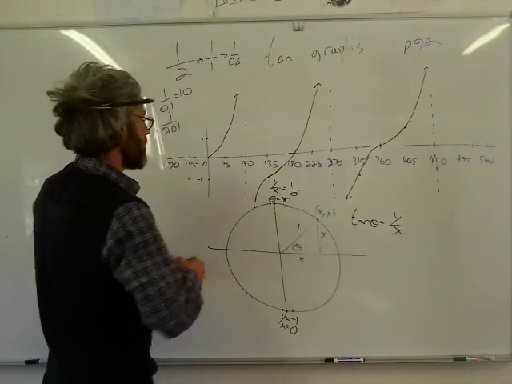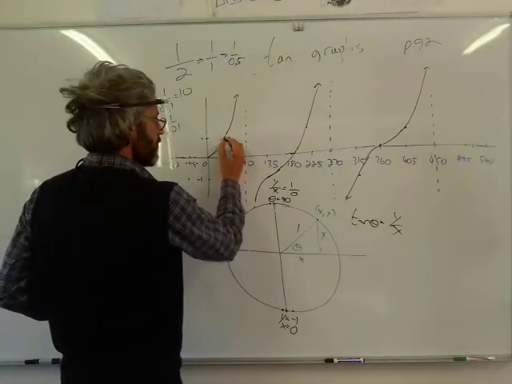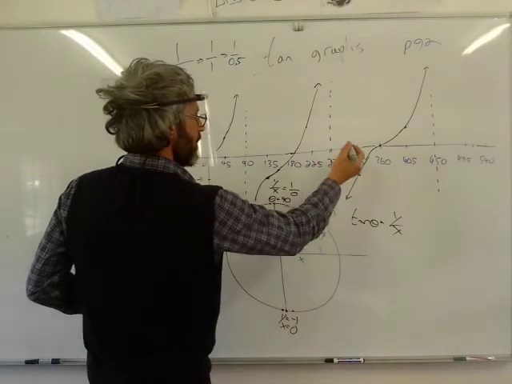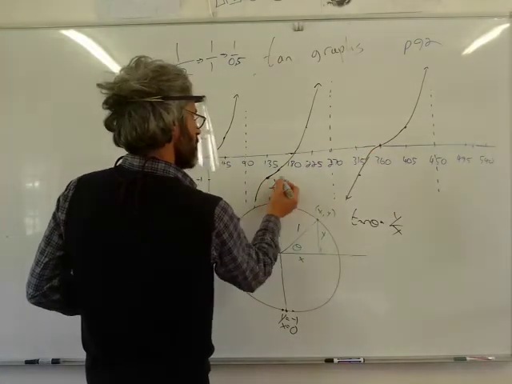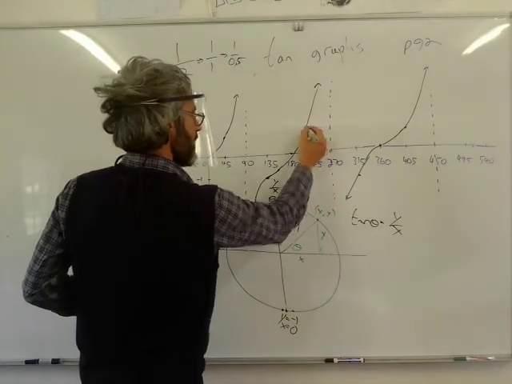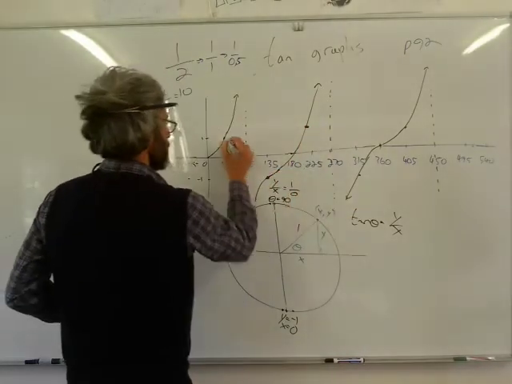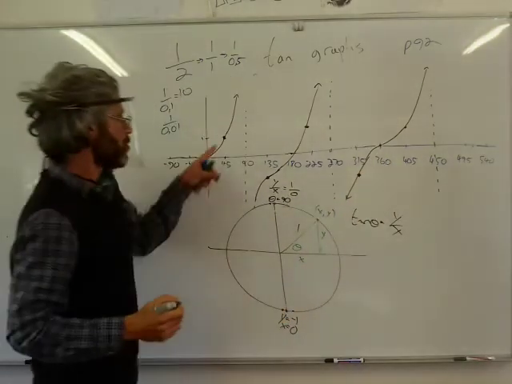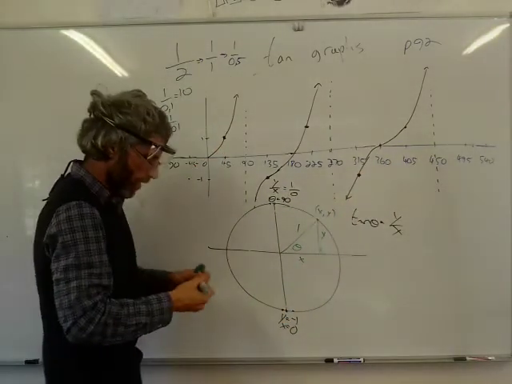There are some points that the textbook calls the critical points. The critical points are where theta is equal to 45, 135, 225, and 315. What's happening there? Let's look at 45.